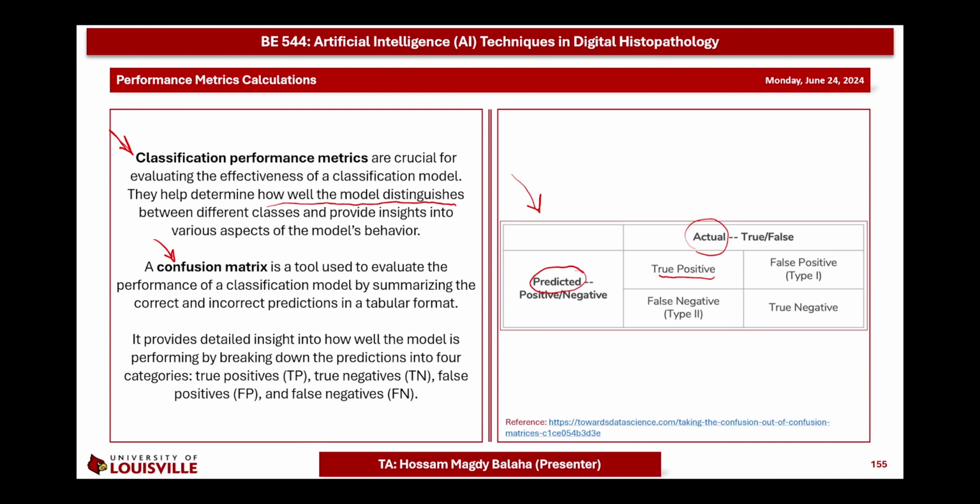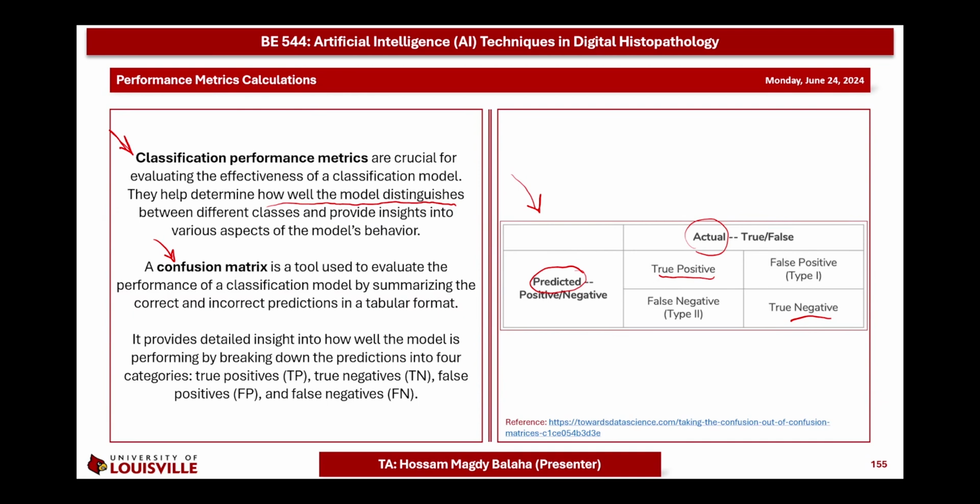For example, if we have a medical diagnosis system, a true positive would be when a patient with a disease is correctly diagnosed as having that disease. And the true negative is the opposite. True negatives reflect the cases where the model's prediction matches the actual negative class. Using the same medical system, a true negative would be when a healthy patient is correctly diagnosed as not having the disease.